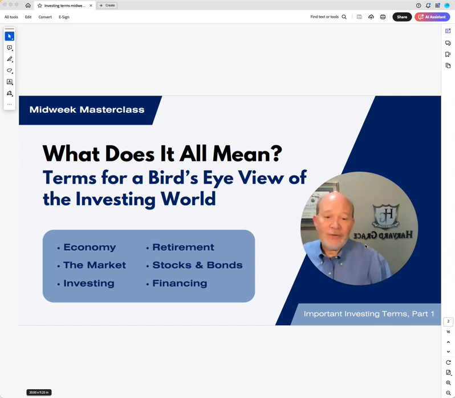They're very different things. What is the market? Well, the market can mean many different things. A lot of people will use the term the market when they're talking about the stock market, which has several different exchanges associated with it. The stock market can also sometimes include the bond market and the commodities market and the currency markets and things like that.